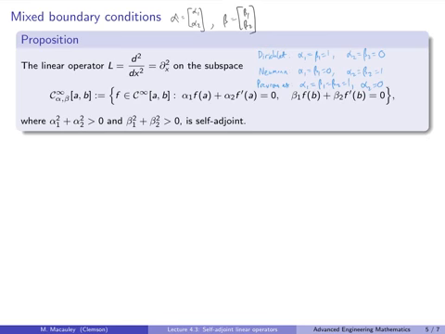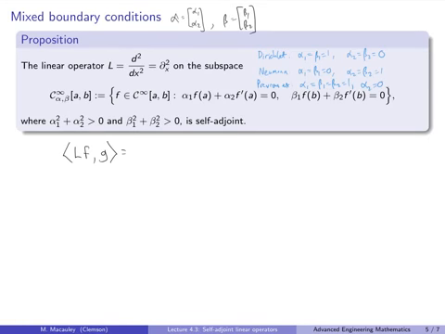So why is this linear operator on this general subspace self-adjoint? Okay, so let's check. As before, we want to check that LF dot G is equal to F dot LG. I'm not going to go through all the details again because we just did it on the previous slide.